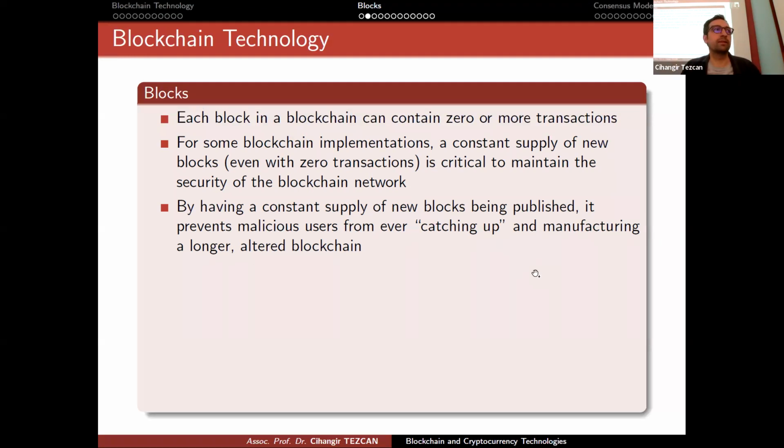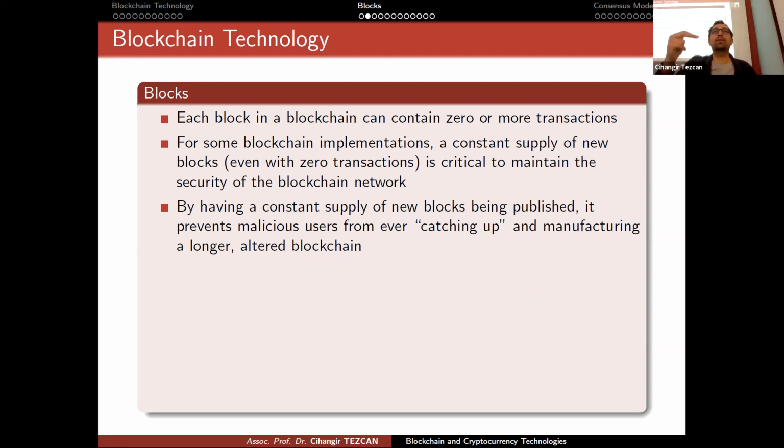Just go back to our Lego analogy. So we are adding new blocks. Think about it, creating a Lego tower. So you put each Lego piece at the top. So assume that, for instance, at Bitcoin or any cryptocurrency, people stop sending money to each other. So if you stop creating new blocks at that point, your tower stays at the same height.